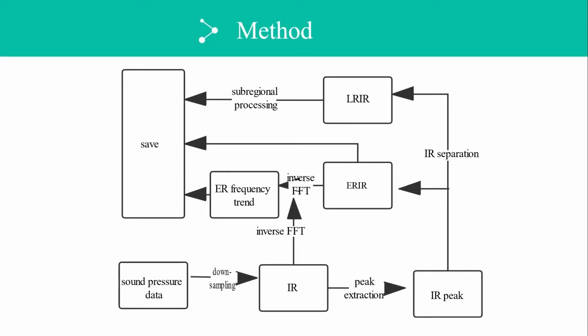In the encoding stage, we need to sample and encode the sound pressure data to reduce the use of memory space. We input the sound pressure data of region AG. First, the data is processed by downsampling, and then the IR is obtained. In the BG region, we extract the peak value of the time domain sound pressure signal to get the IR. Then IR is separated into ER and IR.